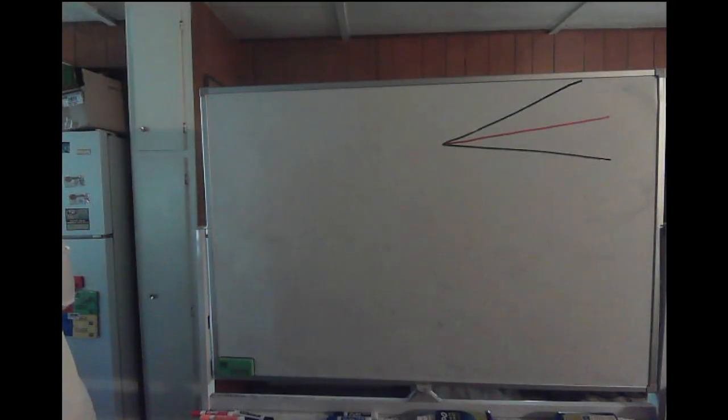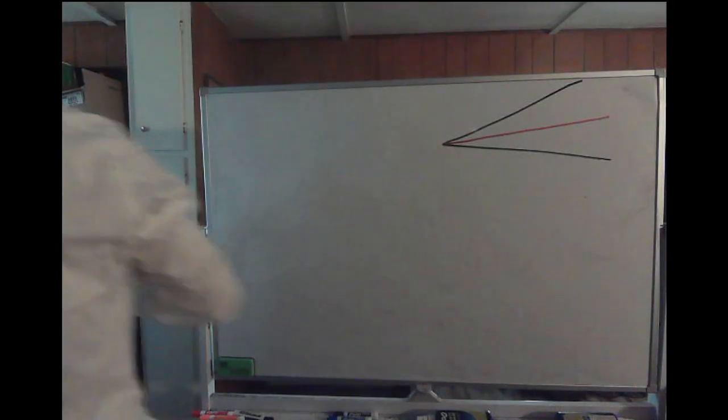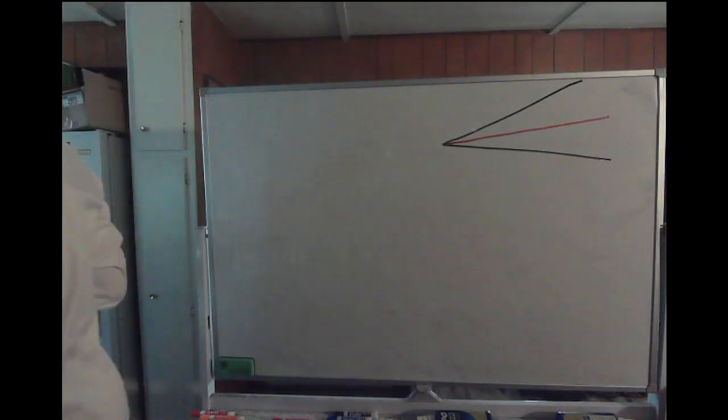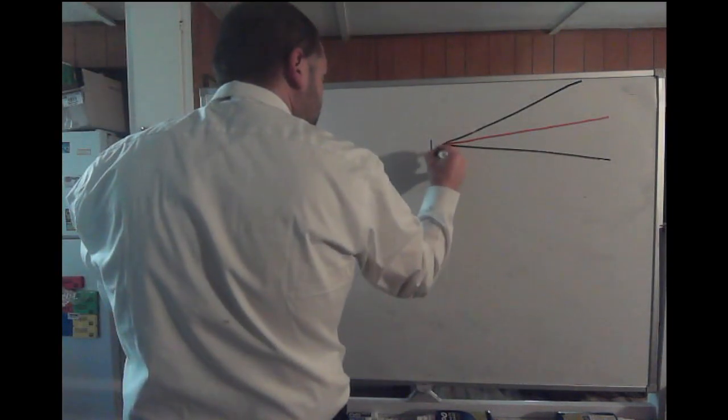This time I'll draw the bisector in red. There we go, that's in red. This is definitely point B right here.